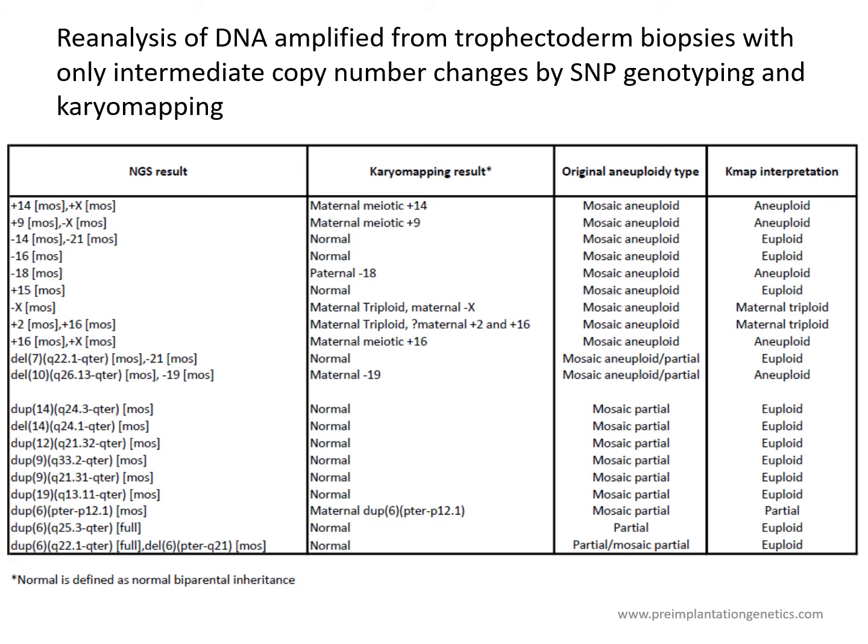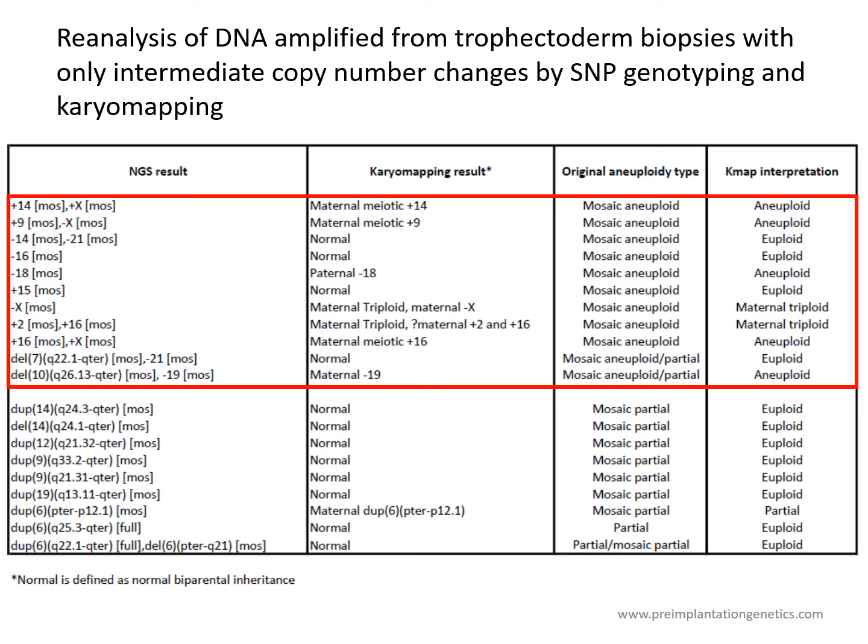I'm just going to concentrate on the top part of this table with 11 samples that were reported as normal, all with just mosaic changes for these chromosomes, and in some cases for parts of chromosomes. But we're going to focus mainly on the whole chromosomal aneuploidy in these samples. So this was the NGS result as originally reported.